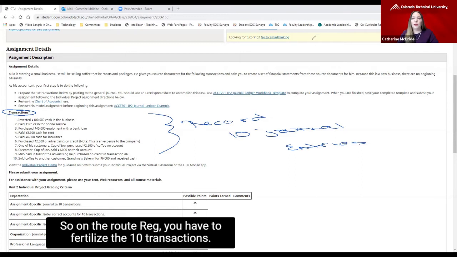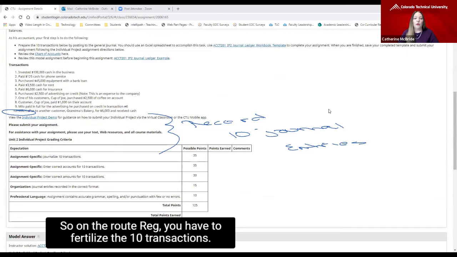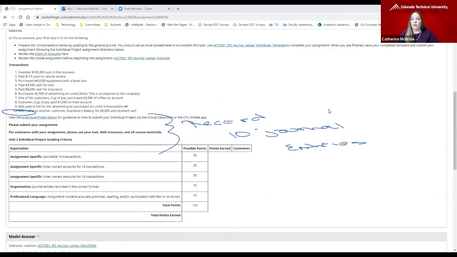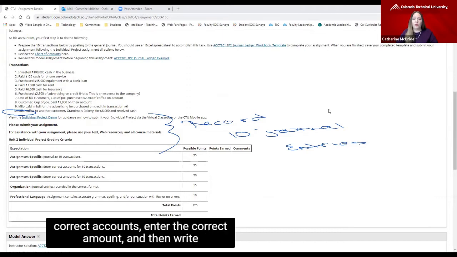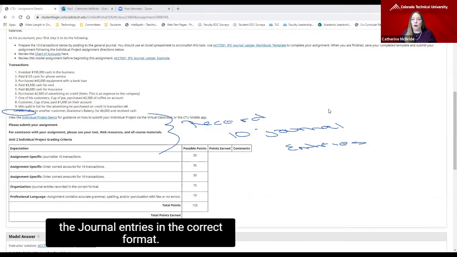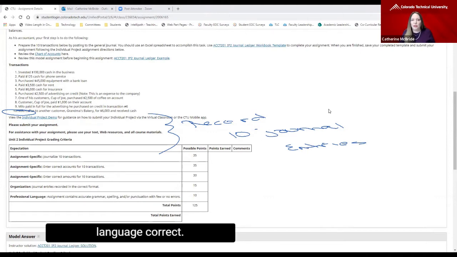On the rubric, you have to journalize the 10 transactions. Once you journalize those 10 transactions, the rest of the points are easy to pick up because you have to enter the correct accounts, enter the correct amounts, and then write the journal entries in the correct format. The professional language doesn't really apply because if you do the journal entries correctly, you have the professional language correct.